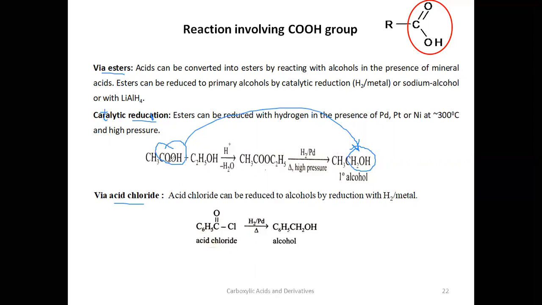First, acetic acid is converted to esters here. See here, ethyl alcohol. What are the reagents that have to be added to convert into ester? What is this reaction? This reaction is esterification. Just now we discussed, this conversion of acetic acid to ester is esterification, that can be done by adding alcohol, that is ethyl alcohol, and a catalyst, H plus.